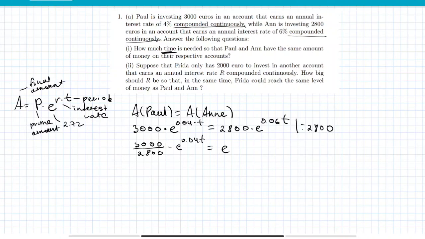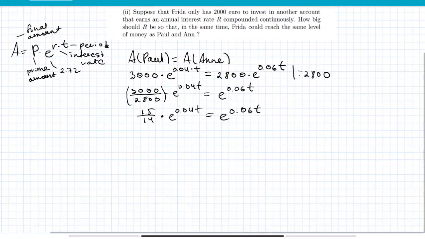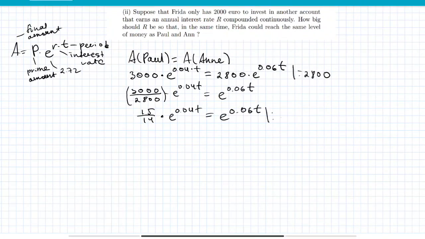So we're going to have on the right side only the exponential part. We can rewrite the left part as 15 divided by 14 multiplied by e to the power of 4%t, equal to e to the power of 6%t. Now we divide both sides by e to the power of 4% multiplied by t.